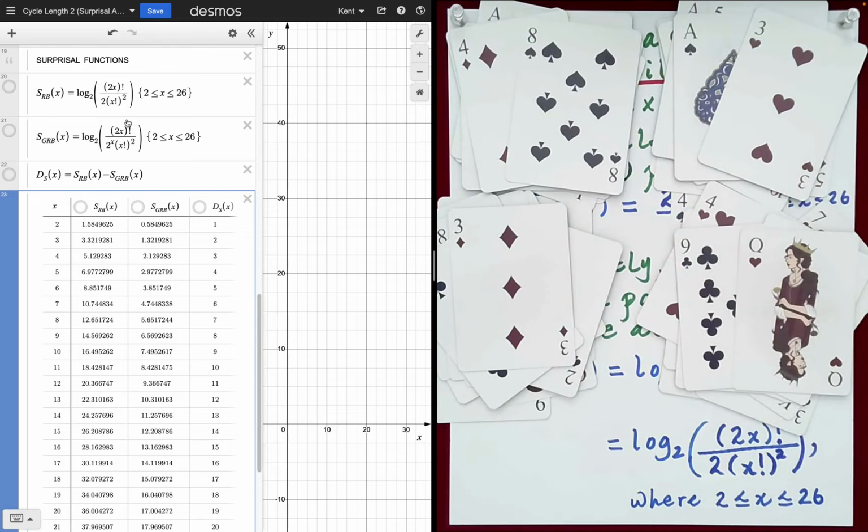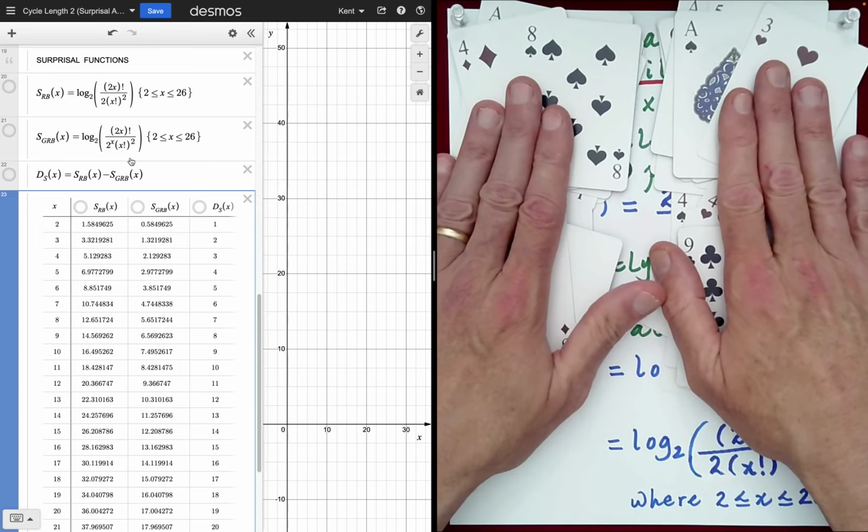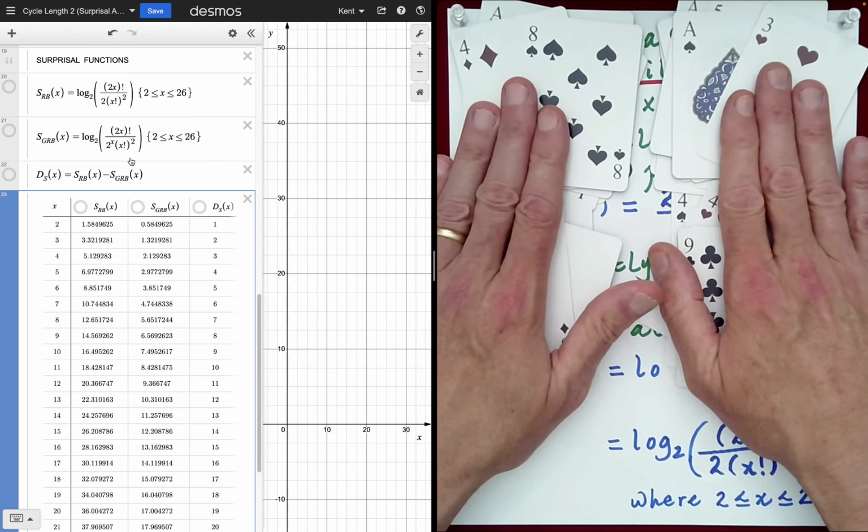That's what this is calculating here. Now, it's probably the correct calculation to use when determining the surprisal for the outcome of this Gilbreath routine in the minds of the spectators.